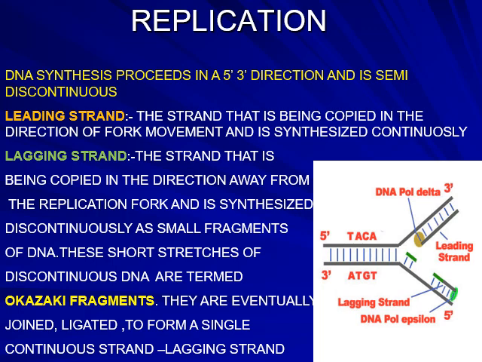So it is synthesized discontinuously as small fragments of DNA, and these short stretches of discontinuous DNA are termed the Okazaki fragments. These Okazaki fragments are then eventually joined and ligated to form a single continuous strand, which is referred to as the lagging strand.